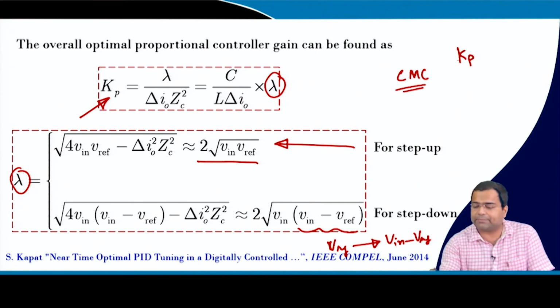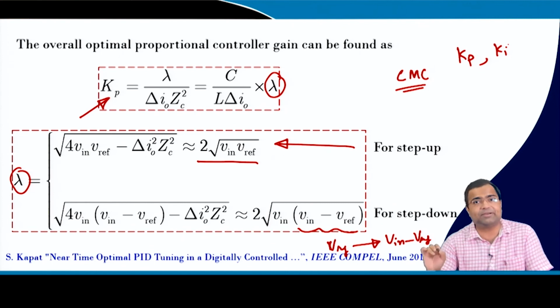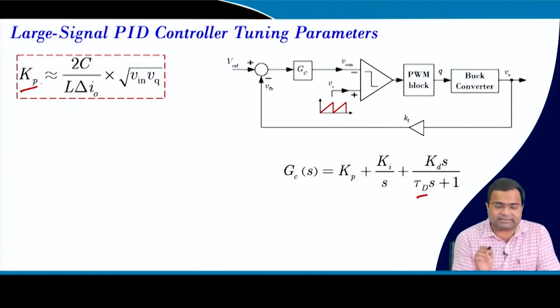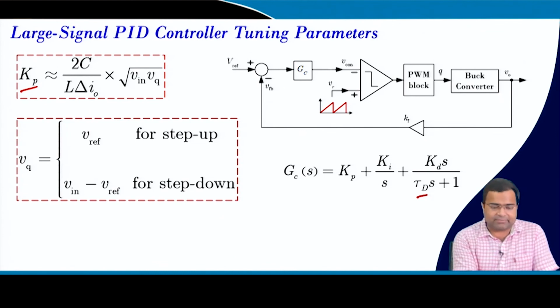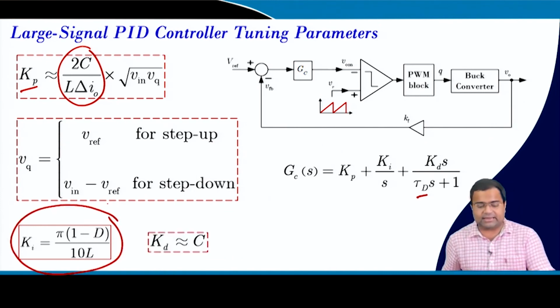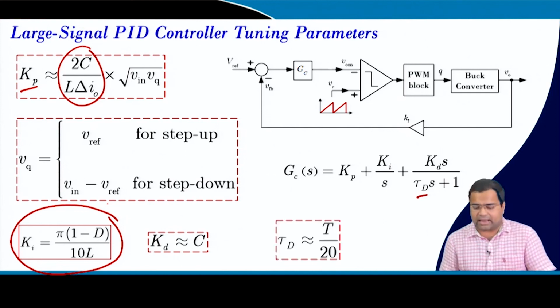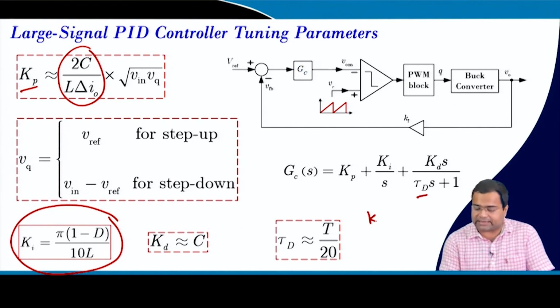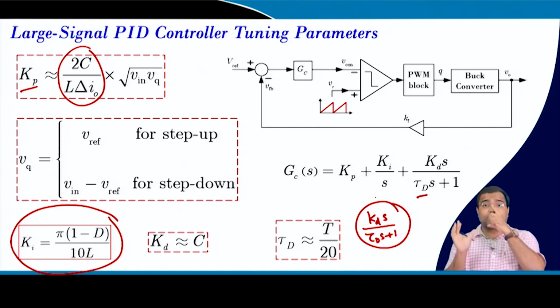We know how to find Kp, and we have discussed how to find Ki because Ki was coming from the small signal model. If it is a voltage mode control of a buck converter, then Kp is the same as we have discussed, only with some modification, and the same Ki will be used, and Kd, the derivative, is equal to C. Since we are using a derivative control, we need to use a band limited derivative, that is Kd into S over tau d S plus 1, and this tau d should be much smaller than the time period because we are using fixed frequency control.